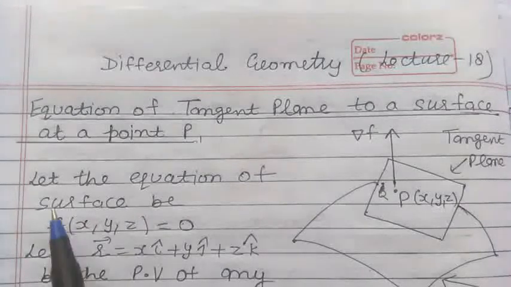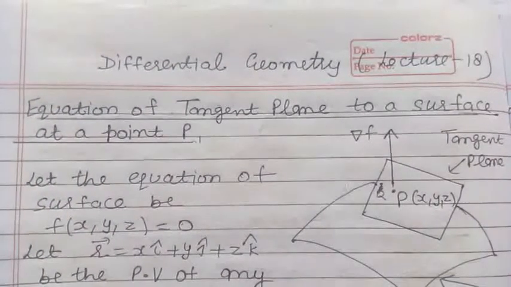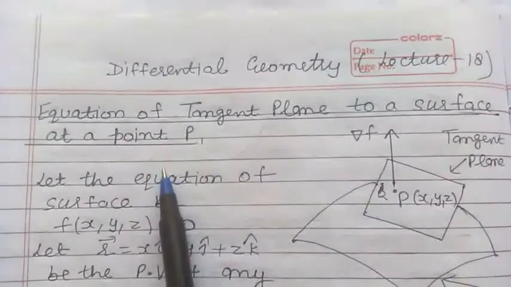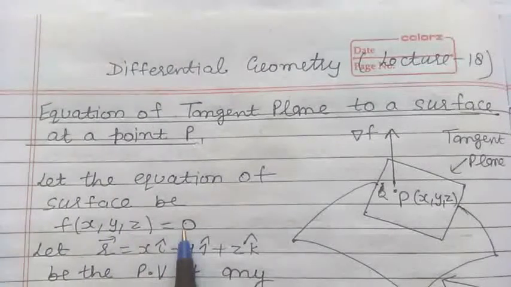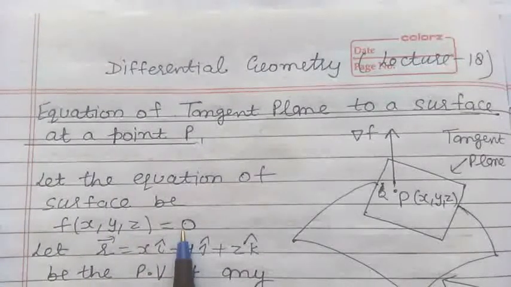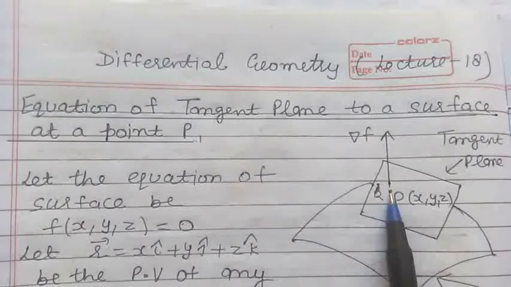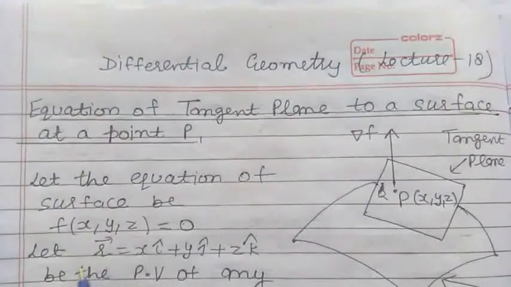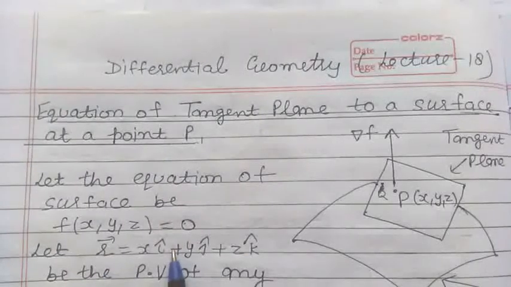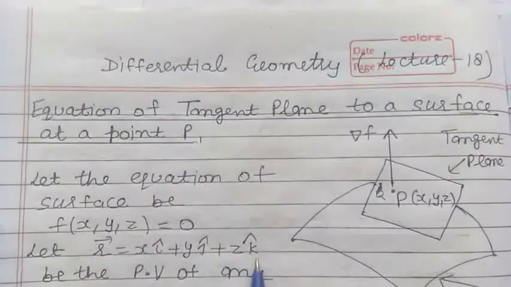To derive its equation, let us consider a surface having the equation f(x, y, z) equal to 0. Let us take the point P on this surface, and the position vector of this point is vector r equal to xi plus yj plus zk.